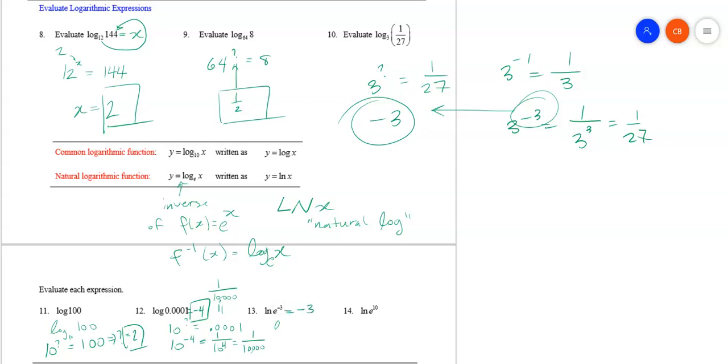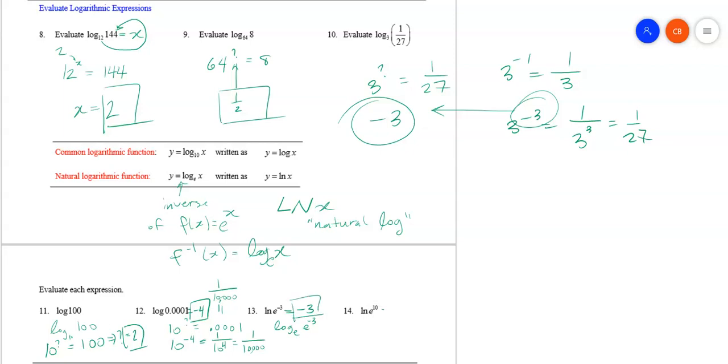This one is log base e of e to the negative 3 power. It's a funny question in exponential form, because it's saying e raised to which power is e to the negative 3. The power is negative 3, so that is the answer.